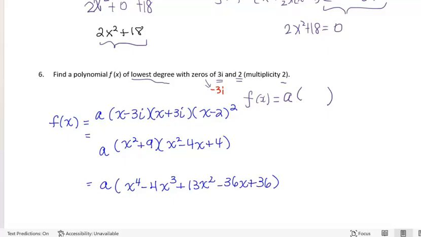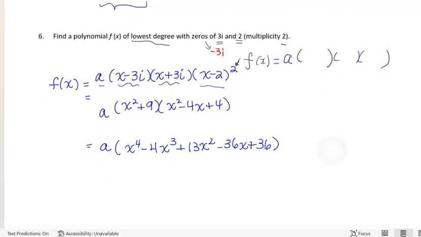So you can write a times x minus 3i, x plus 3i, and 2 with multiplicity 2, which means x minus 2 has power 2 here. We only need to figure out the lowest degree.